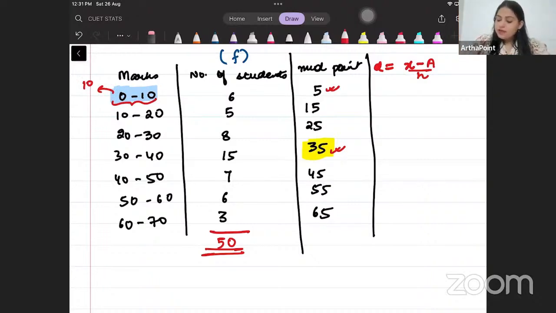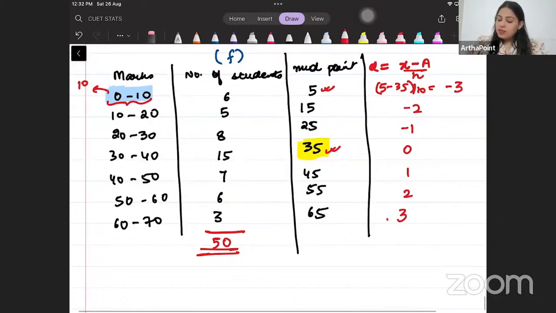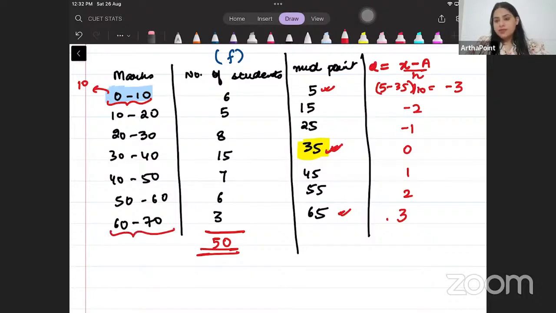So beta, this will be 5 minus 35 divided by 10. That means minus 3. ऐसे ही if you solve, you will get minus 2, minus 1, 0, 1, 2 and 3. You can solve this. यहाँ पे भी देख लो. So ये क्या होगा यहाँ पर? This is 65 minus 35, which is 30, divided by the class interval, which is 10. So you will get 3.